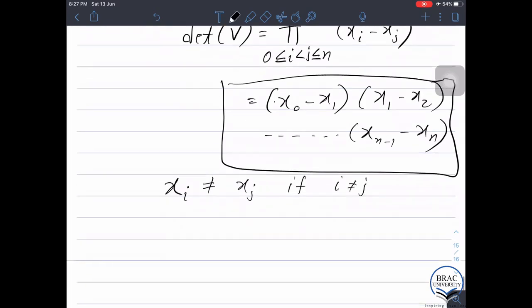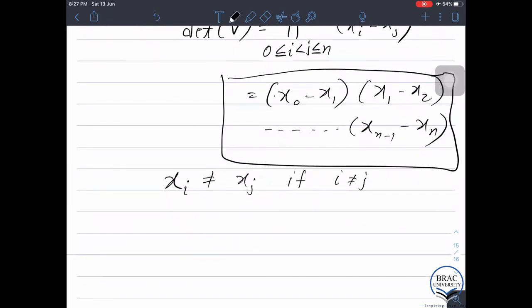That means that all the nodes are distinct. All right, so if I have x0, a point in my graph x0, no other node will be the same. That means that x1 and x0 will always be different. x2 will be different from these two.